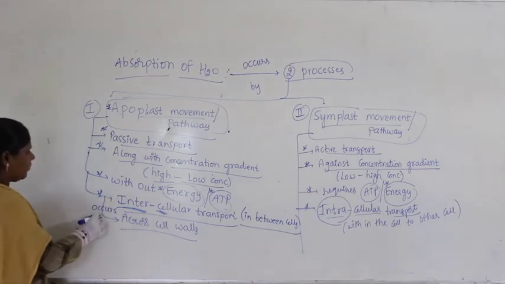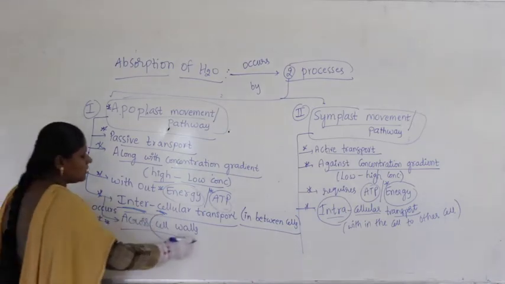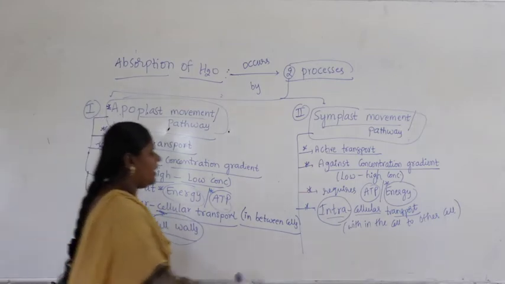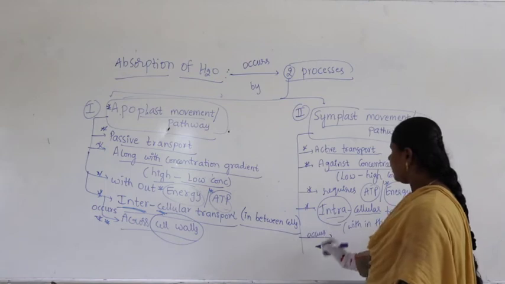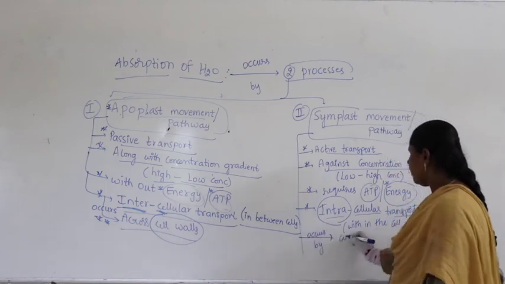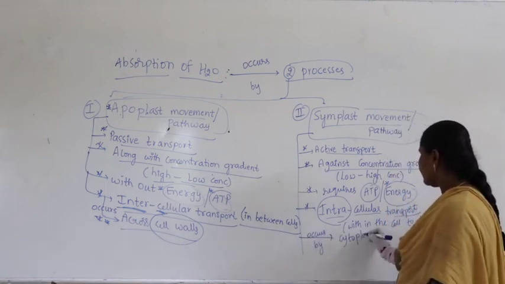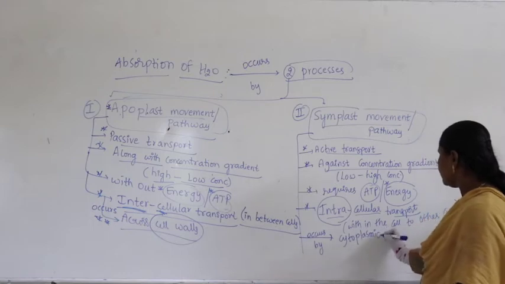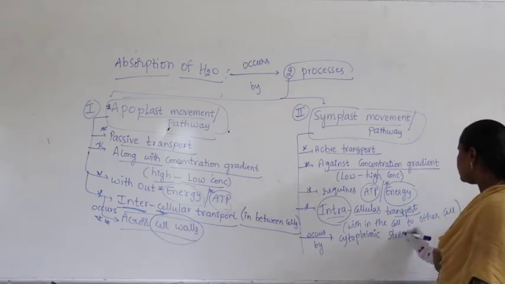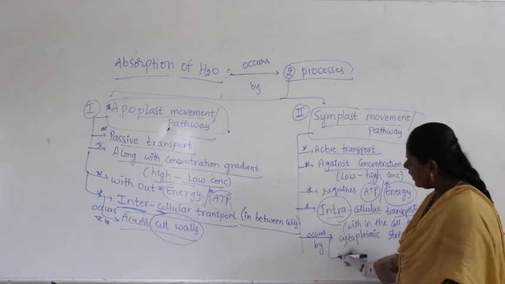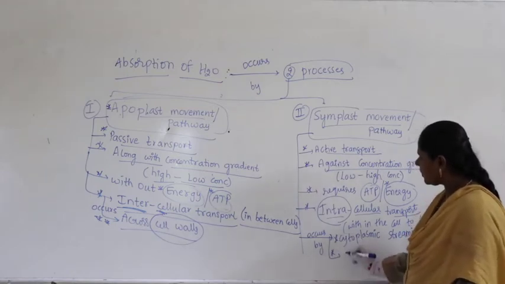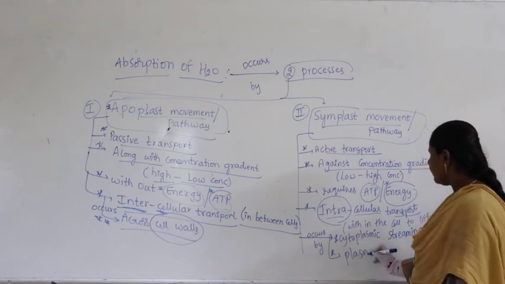Now this is also important. Apoplast occurs across the cell walls, whereas symplast occurs by cytoplasmic streaming or with the help of plasmodesmata.